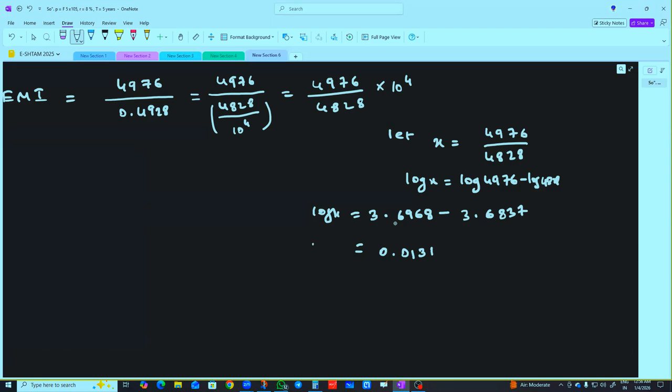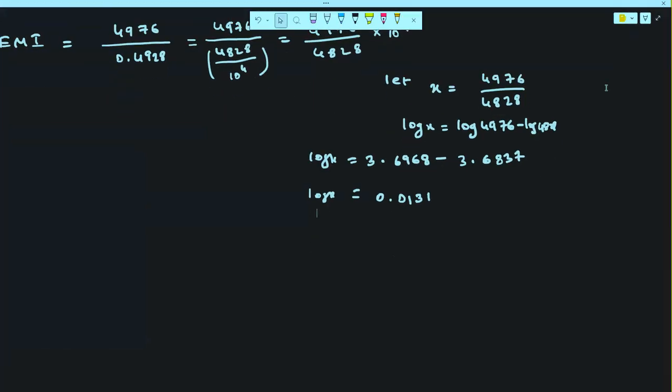0.0131. Now it is log x. That means the x value will be the anti-log of 0.0131.